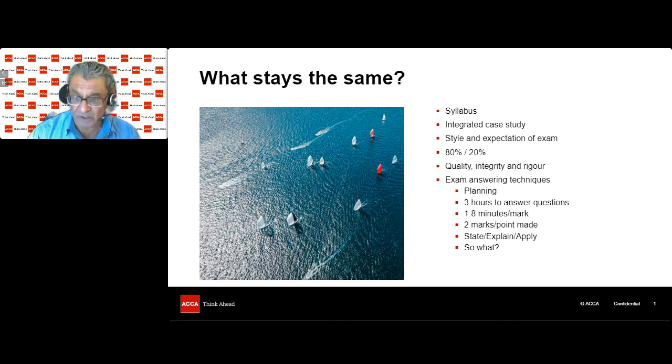And the so what is critical. When you write each point, and this takes some practice, I'd recommend it strongly, imagine that you're a member of the board of directors, and somebody has just made this point to you, and you ask yourself, well, I've been told this, but so what? How does this help me solve my problem?